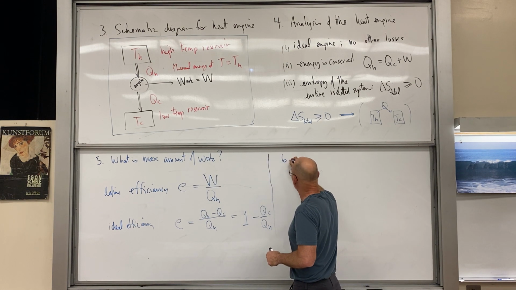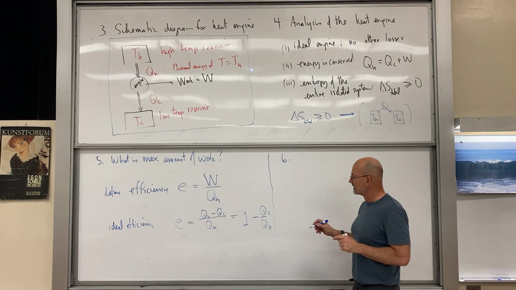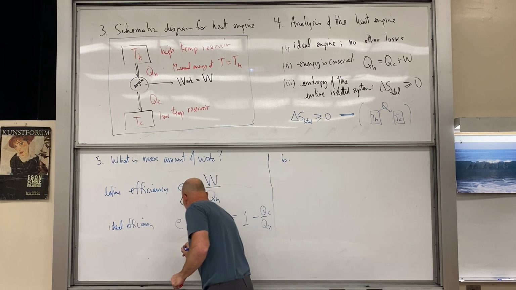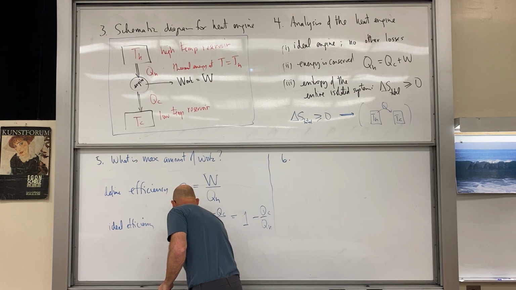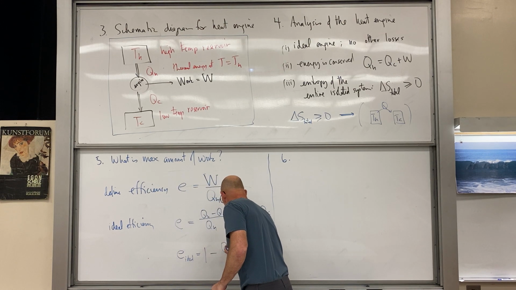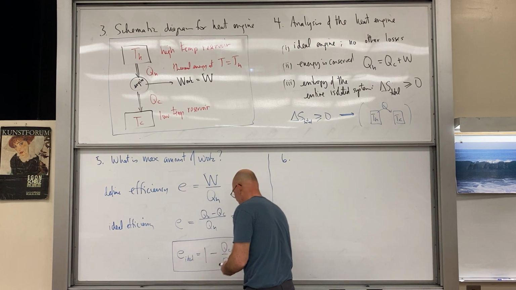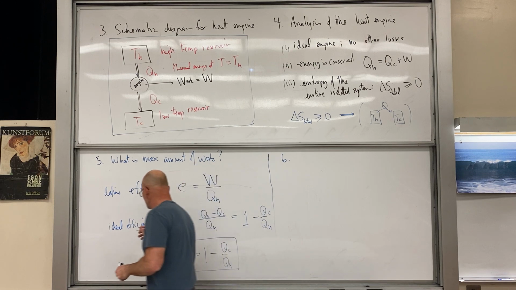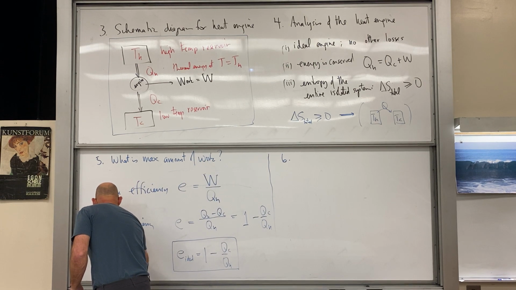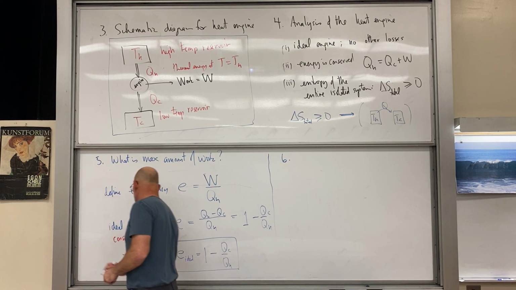6. Now comes the entropy analysis. So here I'm just going to write E ideal equals 1 minus QC over QH, from conservation of energy.